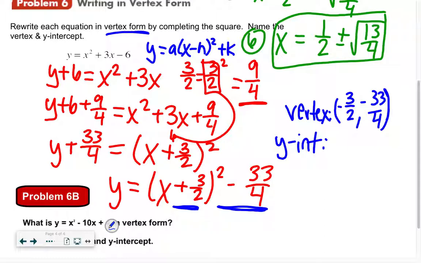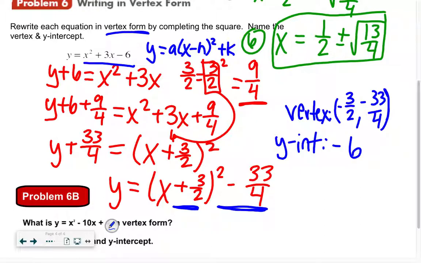If I put 0 in here, what do I get? -6. So we can use completing the square for a couple different ways. Finding zeros, putting it in vertex form. All your favorite things I know. Questions?